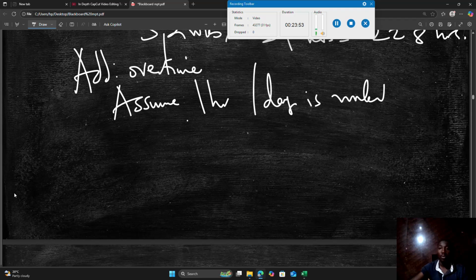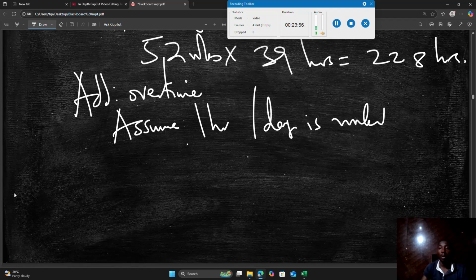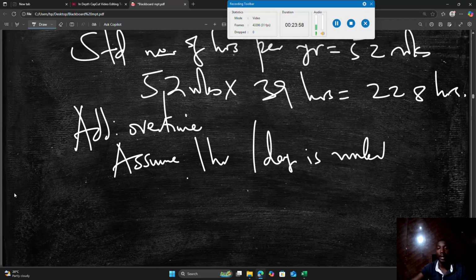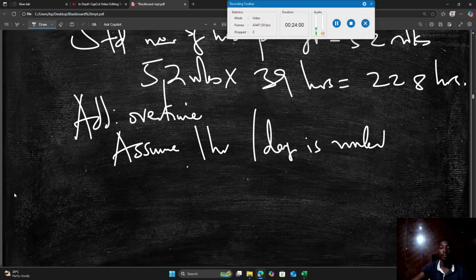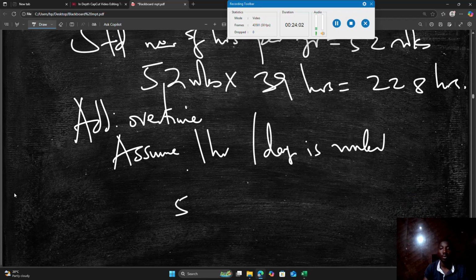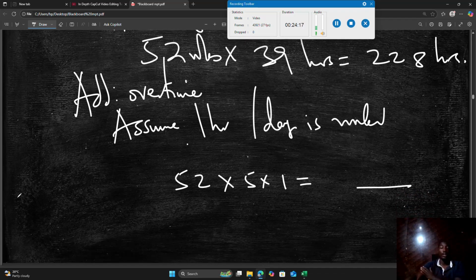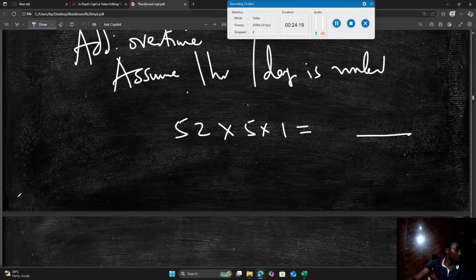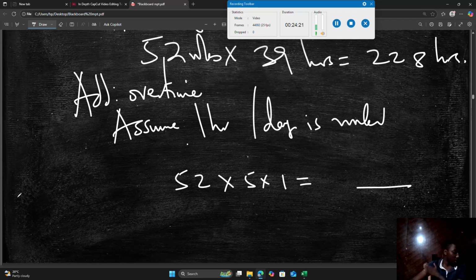So you multiply 52 weeks times the 5 working days times 1 hour per day. Then you add those hours and have the total number of hours worked in a year. That is the first part.